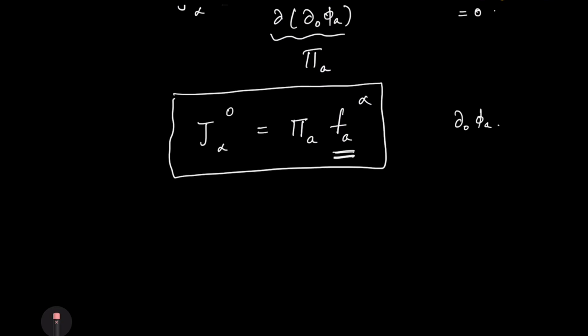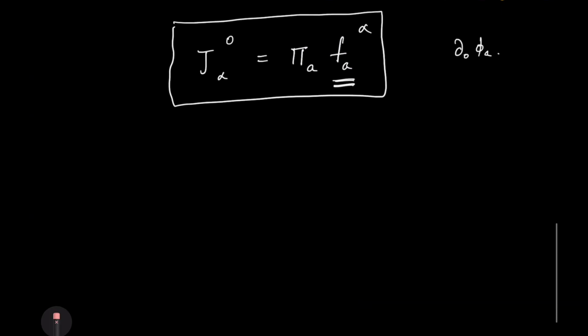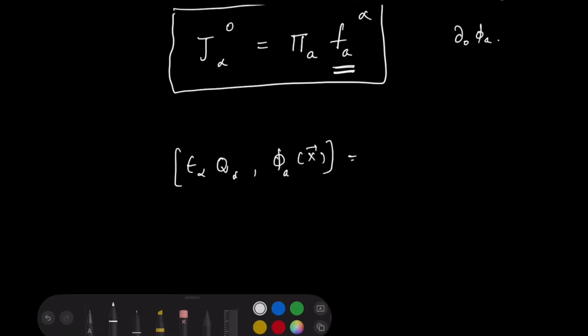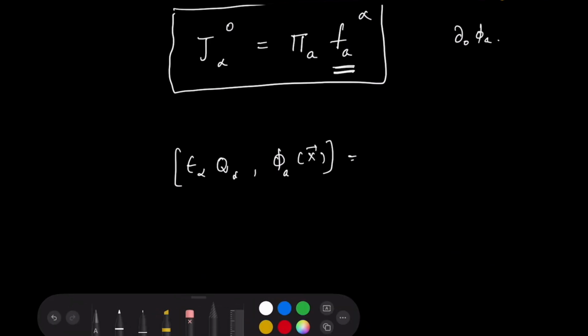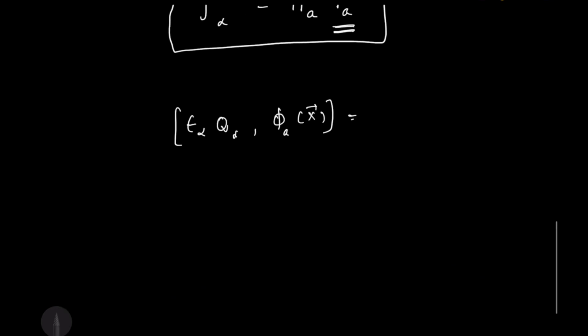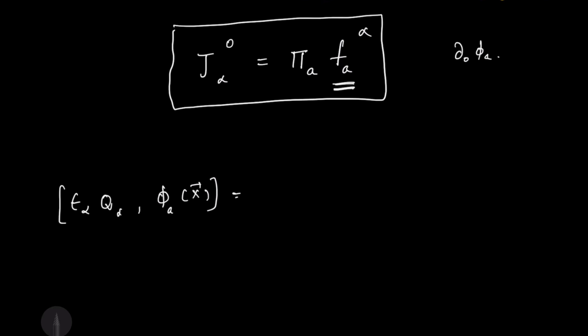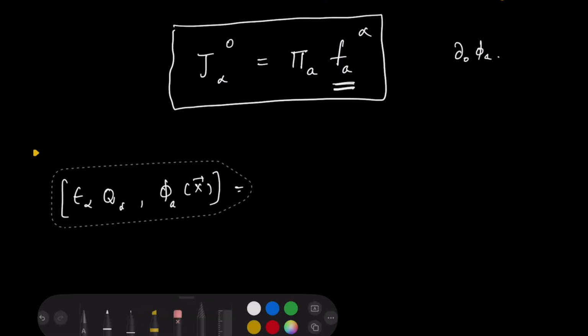Now let's take the commutator of epsilon alpha Q alpha with respect to phi a of x. I want to find this commutator.